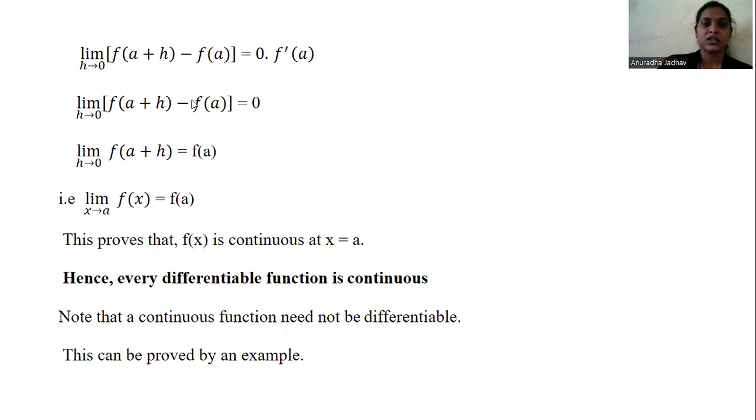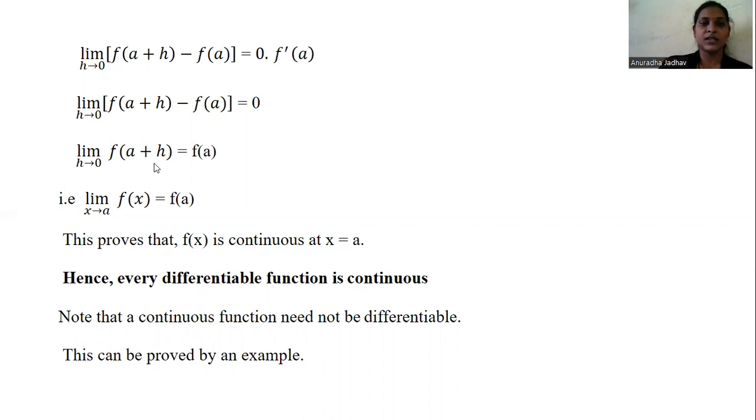Here f of a is constant, therefore its limit is also a constant. And this term is shifted to the right hand side. Finally, we get limit as h tends to 0, f of a plus h is equal to f of a. This proves that the function f of x is continuous at x is equal to a.